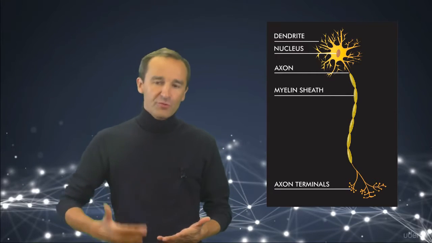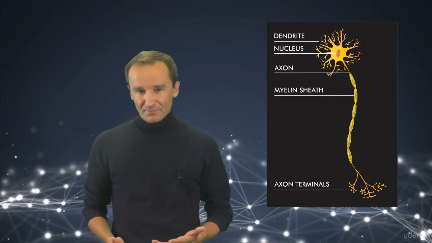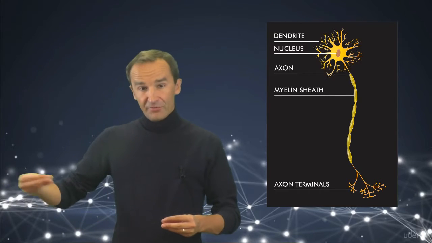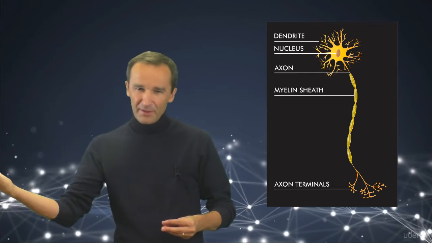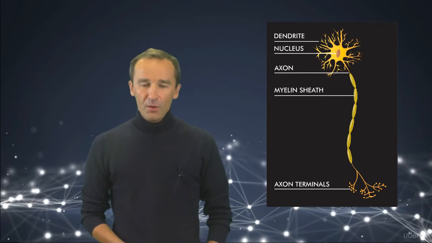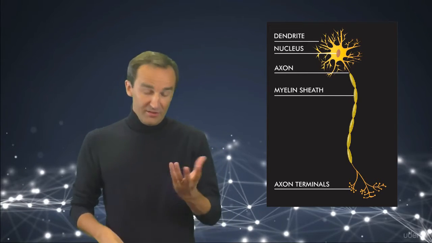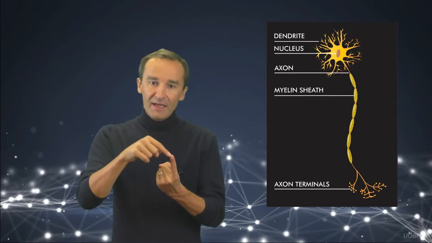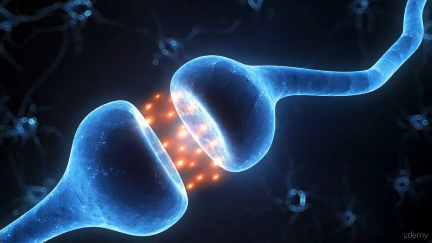So the message gets through faster and more efficiently. And then at the end of the axon, again, something resembling tree branches. Now, when the information gets to the tip of an axon branch, it jumps over to the dendrite branch of the next neuron. And that connection between the dendrite tip and axon tip is called a synapse.